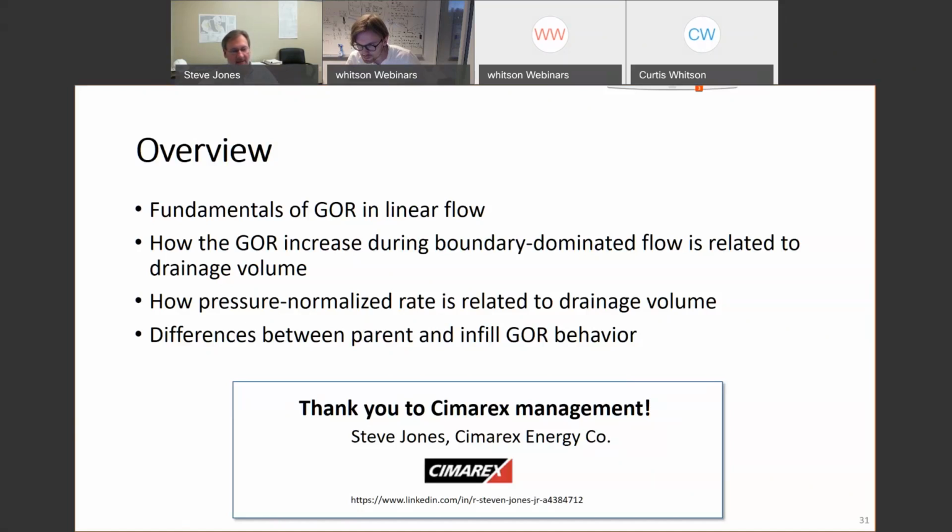So theoretically, you should see a reduction in your GOR while that gas saturation is building up, and then you'll see a rise in your GOR as it begins to flow. That's one thing that can delay the rise in GOR.